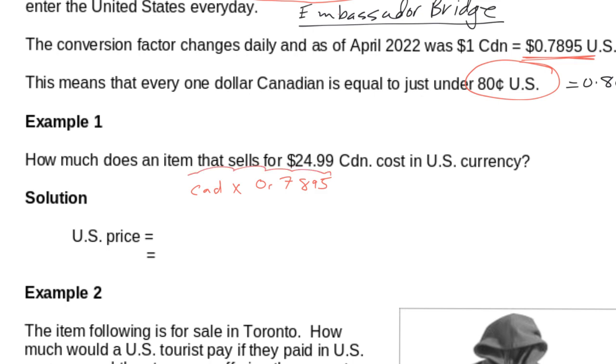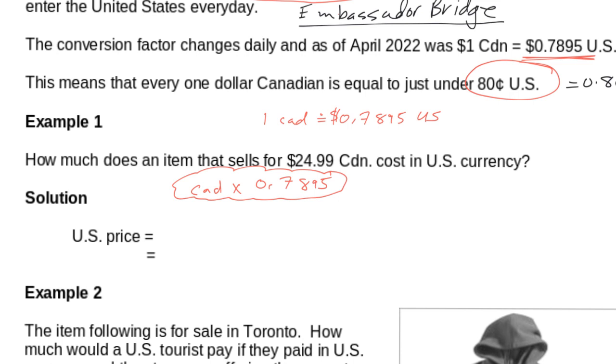So just remember that. Okay, so when we're using it, we always use that $1 Canadian is equal to about 0.7895 US.